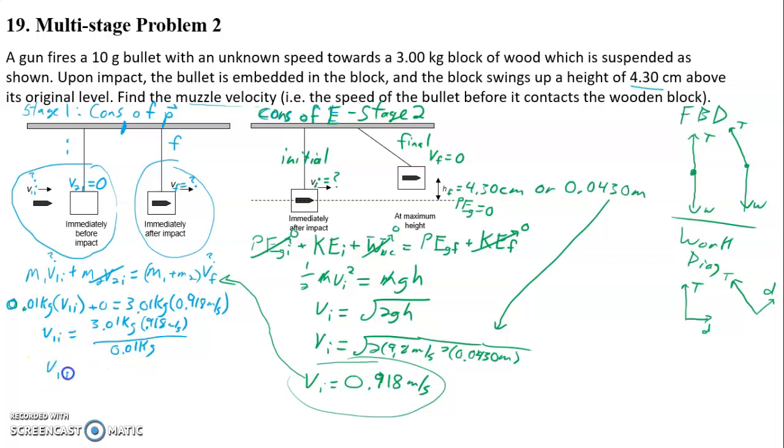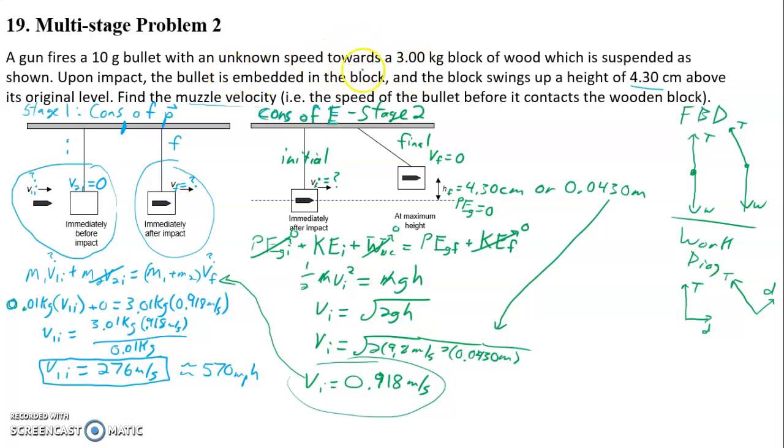And so therefore, v_1i, we plug all those numbers into our calculator, we get 276 meters per second, which is approximately like 570 miles per hour, I don't know. But that's just a ballpark. But it's pretty fast, which is not unreasonable for the speed of a bullet coming out of a gun.